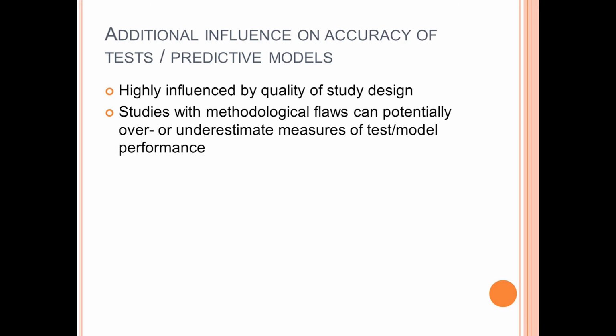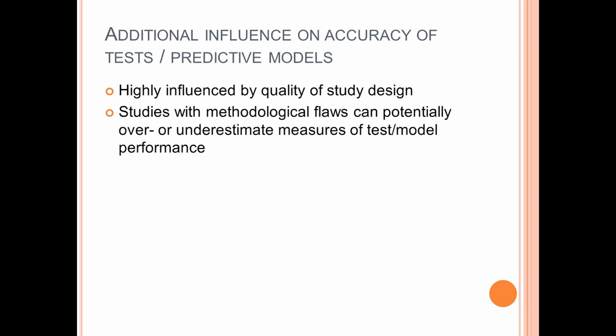Taken together, with the consideration of context, which is very important, need, and the cost of misclassification, these indices of test or model performance are really powerful tools. But my final word on this, because I spend a lot of time talking to people about research, is that ultimately these measures are highly influenced by the quality of the study design and the quality of the data that you collect.